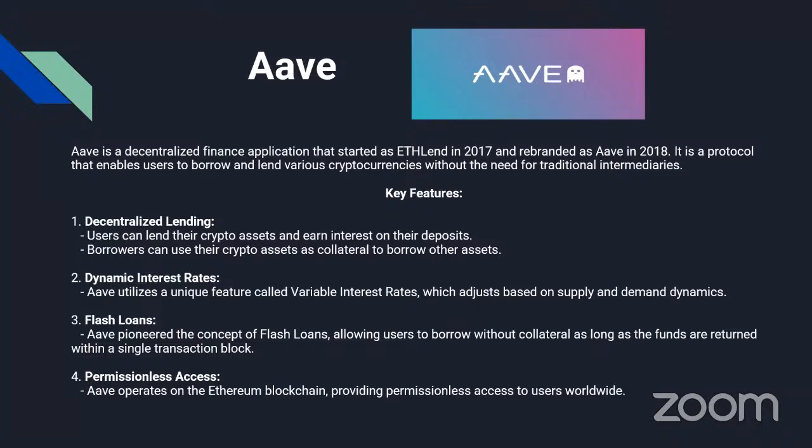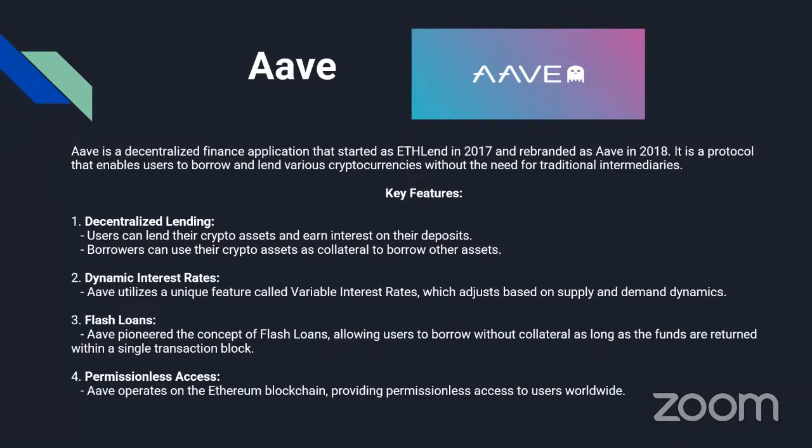So if you want to borrow 100 USDT, you need to have like 120 USDT in your wallet. Then they can give you the 100 USDT, knowing fully well that if you don't pay back, they can get their money from your 120, which you've locked in their protocol. So basically, Aave is a lending and borrowing platform where people can borrow crypto and also lend crypto by providing liquidity.